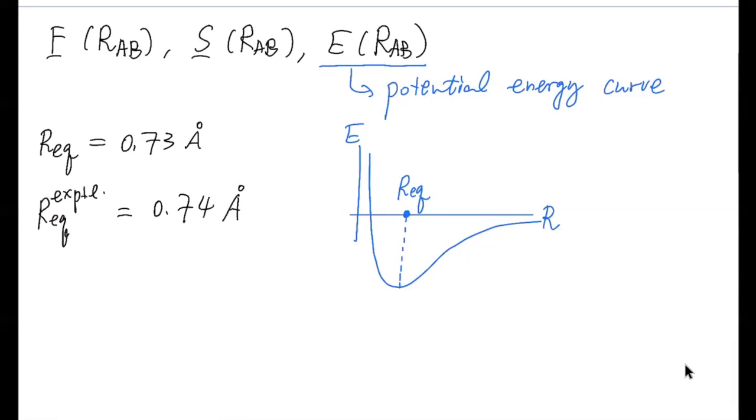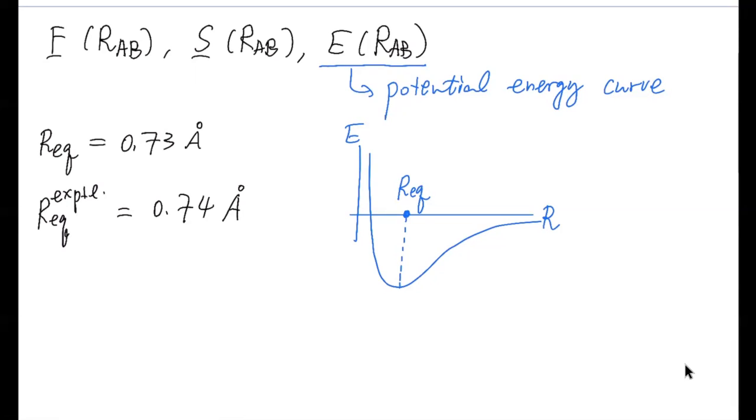Okay, so without using any experimental measurement, without knowing anything about the experiment, just from quantum mechanics, you can actually calculate the bond length. In general, you can calculate the geometry of a polyatomic molecule. Right? This is the prediction by quantum mechanics.